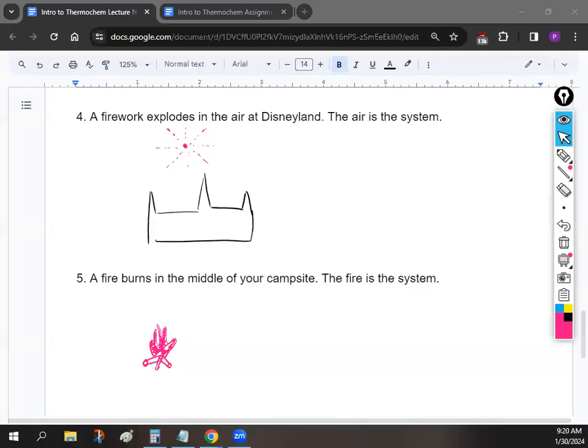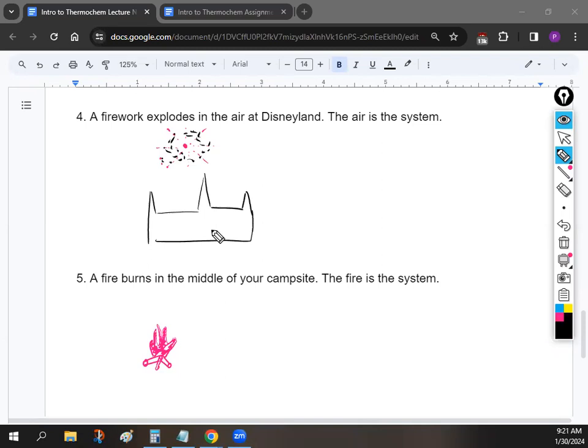Okay, so if we take a look at number 4, we got a firework exploding in the air at the worst place on Earth, Disneyland. And so first we need to look at whether something is hot or cold. The firework is surrounded by air molecules, right? So we're going to draw some air molecules around it. And then we just need to figure out what is hotter, the firework or the air.